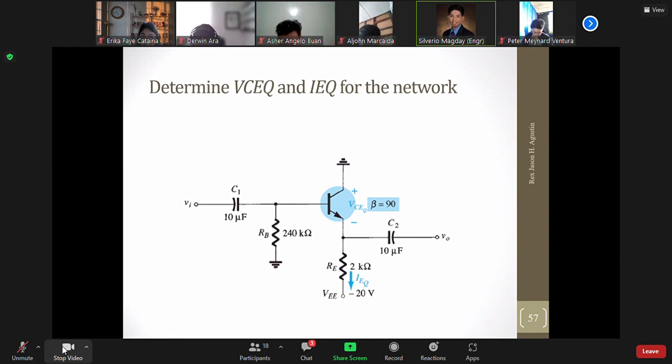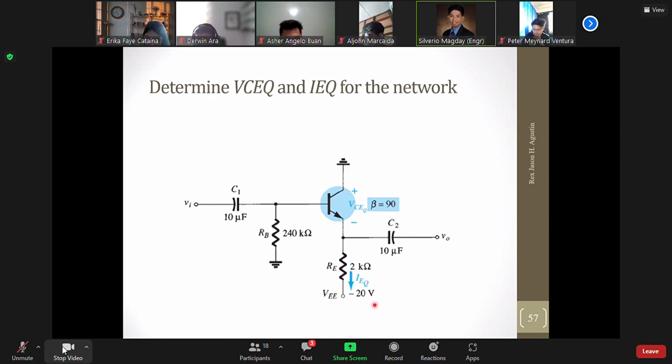So, si VCEQ, kahit dito na yung sa KVL. Minus VCEQ minus your IE RE, tapos plus your VE. Meron dito yung 20 volts. So, masolve mo si VCEQ.